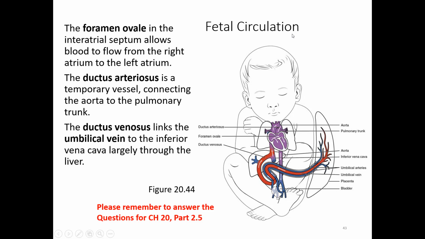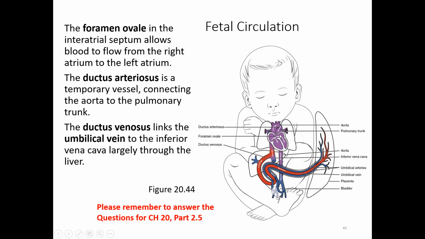Fetal circulation is very different from a baby who is already born, and there are several differences. We will be talking about them in detail when we go through the chapter on human development. Right now you need to know three main differences. The foramen ovale exists between the right and left atria.